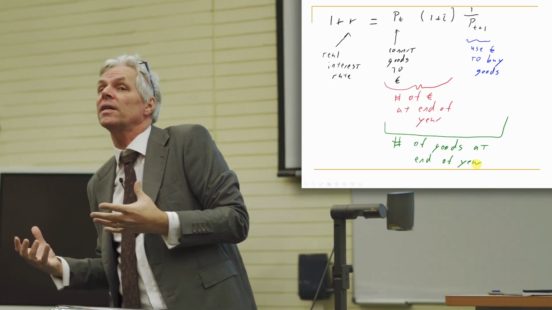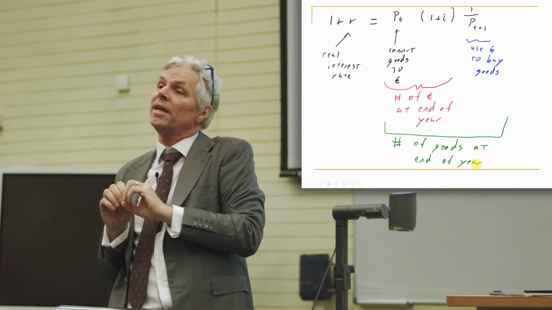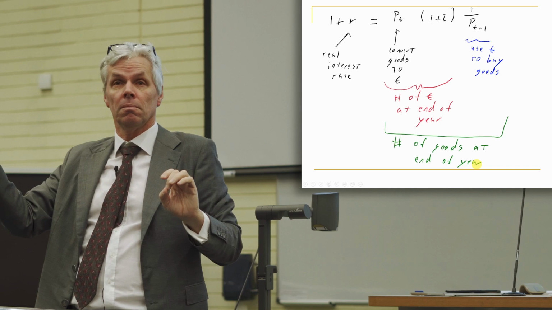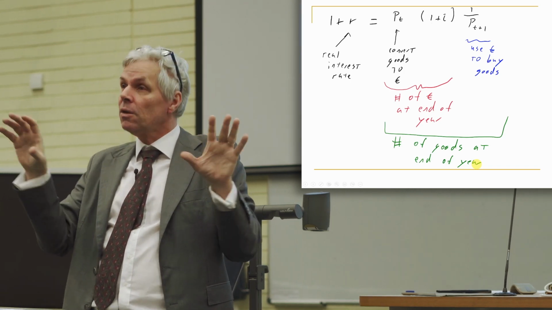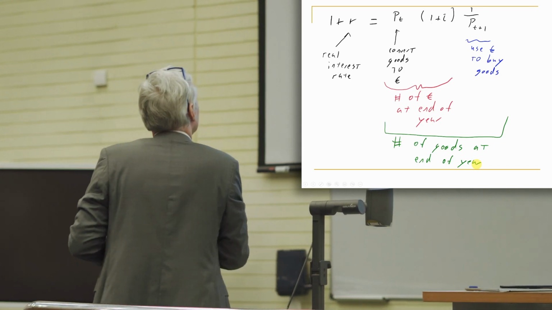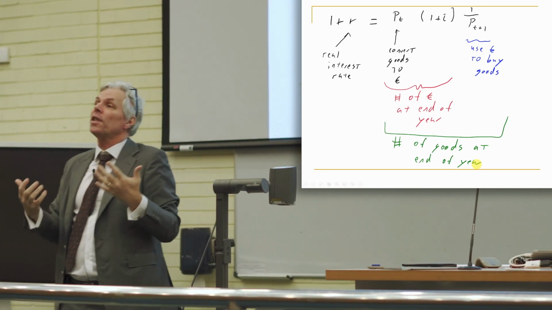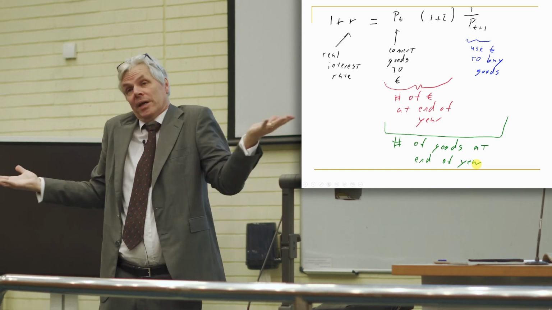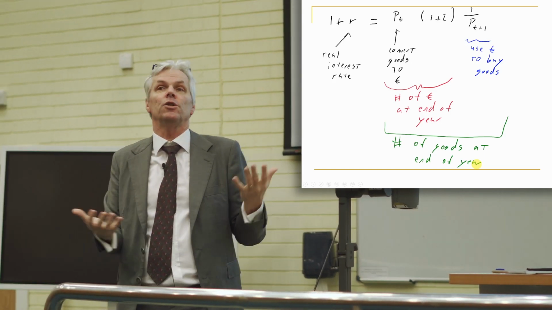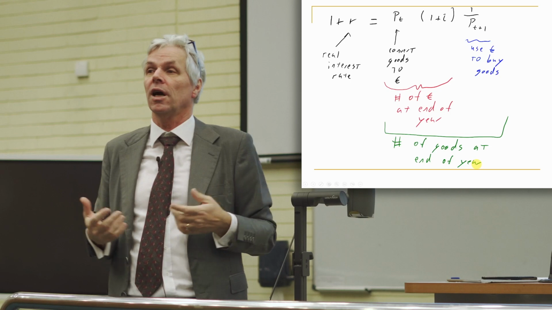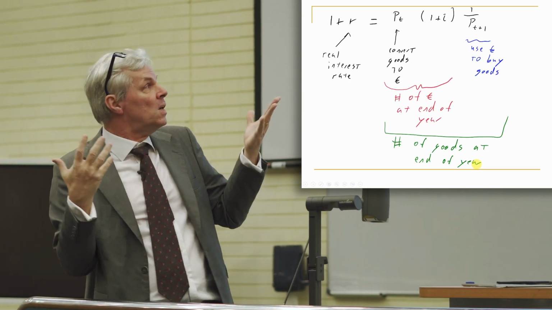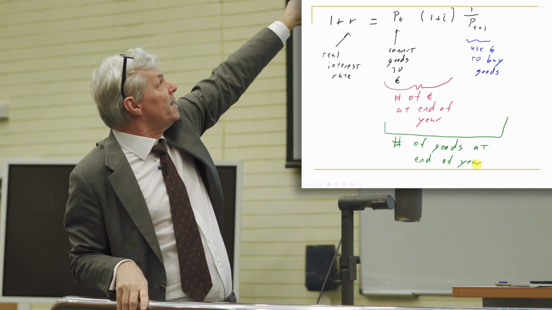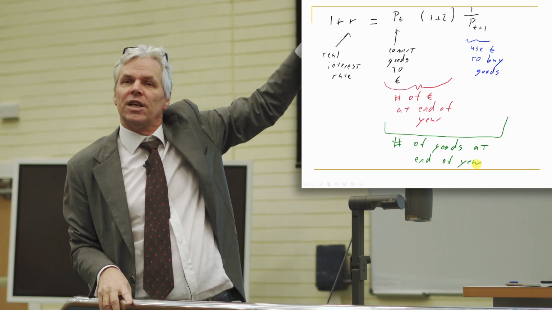So we want to convert this to try to think, is there a relationship between the real interest rate, the nominal interest rate, and inflation? That's where we're going. We're going to be doing some manipulation, but we're doing manipulation for a goal. As long as we do any legal mathematical thing, we're good to go. But here we want to see how it's related to inflation, right? So I want to take these prices and convert them into inflation in this equation.